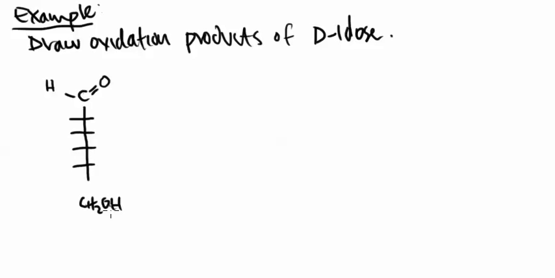If I look at the position of the OH groups, I'm going to find out that D-idose has 1 to the left, then 1 to the right, then 1 to the left, and then 1 to the right. So this is the structure of D-idose, and this actually will tell me where to start.